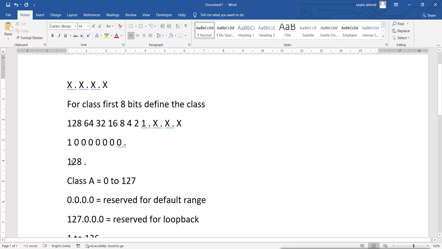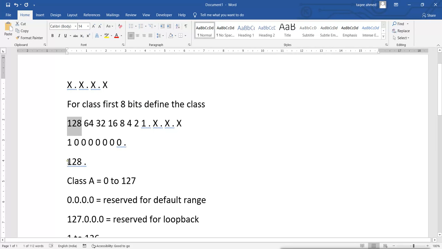Now when the first part is 128, it will no longer remain in class A because class A ends on 127. So you cannot enable this first bit. See, I have not enabled any other bit, only the first bit, and it becomes 128 because the first bit value is 128.